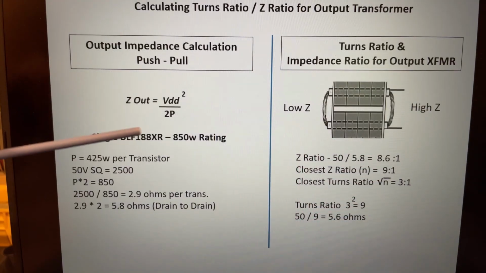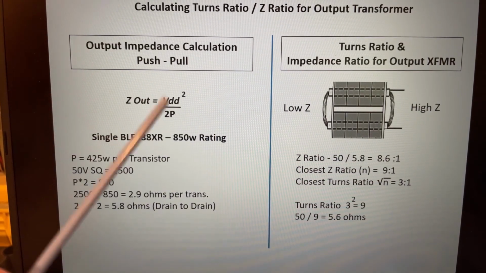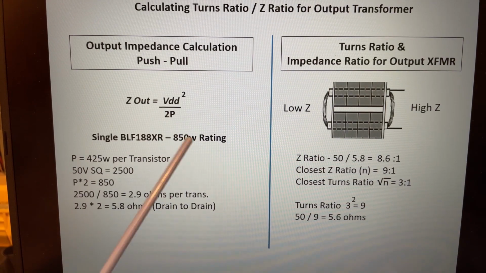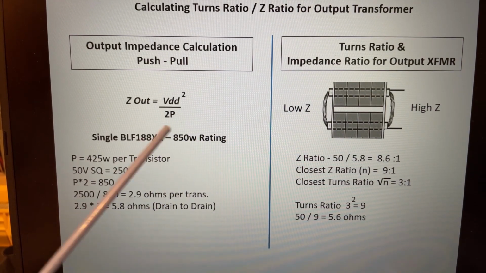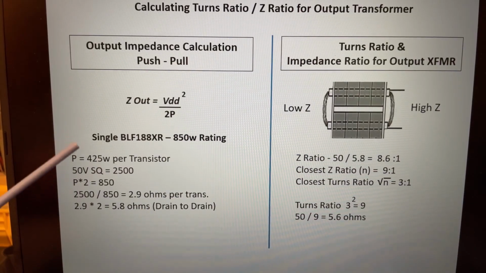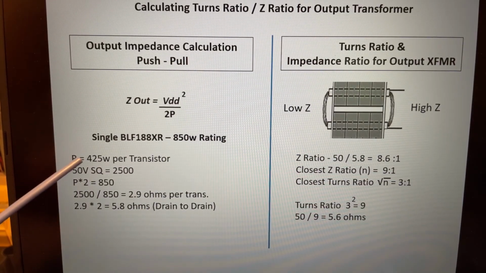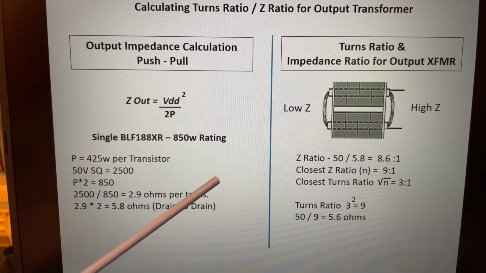So for a single LDMOS transistor, BLF188XR, let's say I wanted to operate it at 850 watts. Remember, this is a Gemini package, so there are two transistors in a single package.